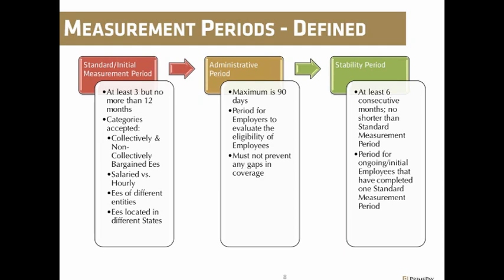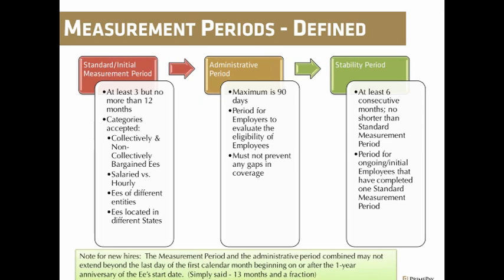You see there to the left, the standard measurement period can be at least 3, but no more than 12 months. So if you selected 3 months as a standard measurement period, the stability period must at least be 6 consecutive months. Okay, so it's really that period of time for any ongoing or initial new hired employees that have completed one standard measurement period.